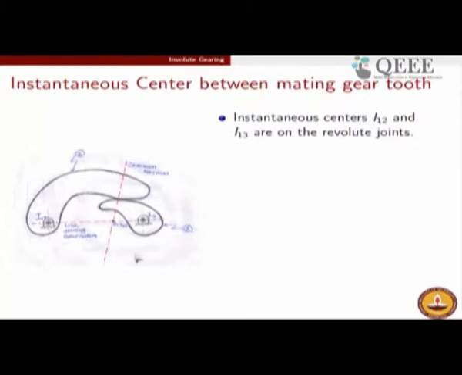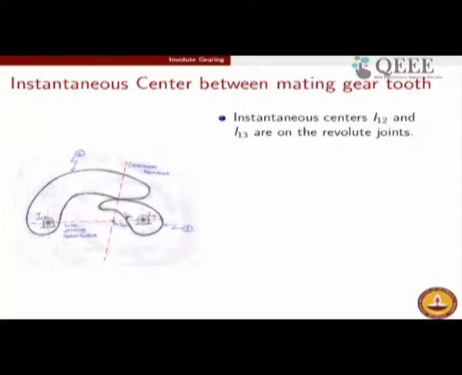mating gear tooth. What you see in the figure here is just an example of two arbitrary teeth of a gear. The gear itself has not been drawn, and the gear tooth profile is also pretty peculiar. It is not one you would find in practical application, but that is just to make things arbitrary at this stage, because we have not yet come to the result that the gear tooth should have a particular geometry.